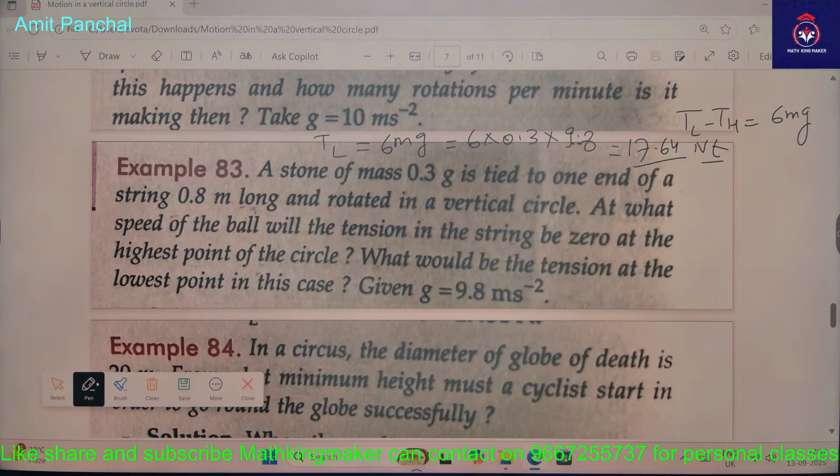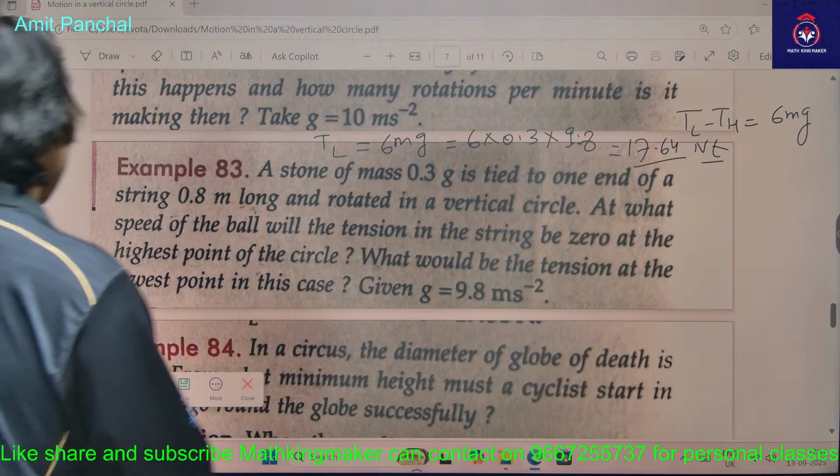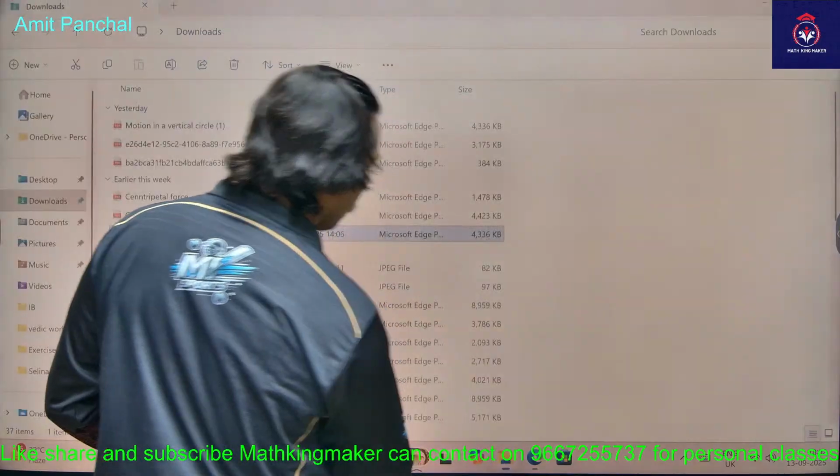So these things you need to consider. And this exercise I already sent it to you. So please go through that exercise and do all the questions. You didn't check the one which I sent you.